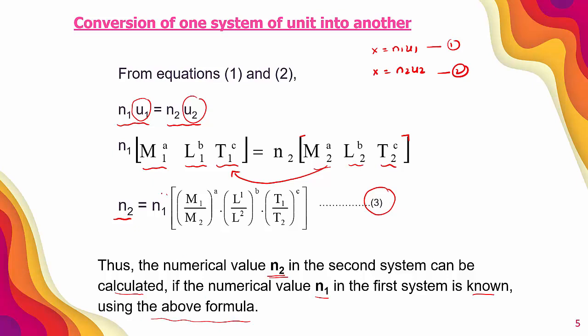If you know the value of N1, then easily you can calculate the value of N2. So now using this equation 3, we can solve examples to convert one system of unit into another system. We have to follow this procedure to solve the examples or numerical problems.